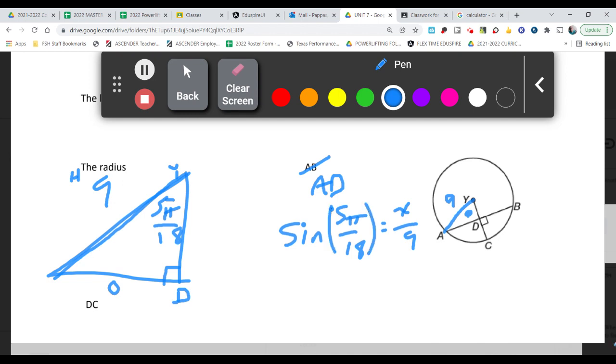And so to get the x by itself, we're going to do what? Multiply by 9, okay? So this bottom side AD right there is just going to be 9 times sine 5 pi over 18.